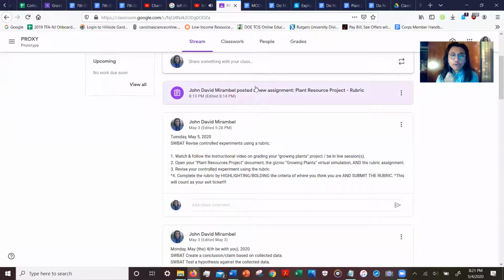Today, I'm giving you a rubric which you'll use to correctly and, most importantly, accurately grade yourself. So in short, you'll know what I'm expecting and how you measure up against that. First things first, let's set ourselves up, making sure that we have our plant resources document, the one we've been working on the past week, open, and also the gizmo experiment. Lastly, there is a new assignment posted with the rubric which you will submit by the end of today.